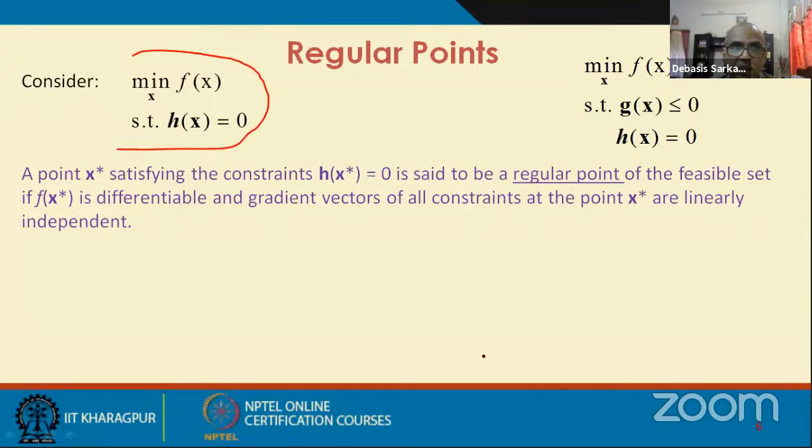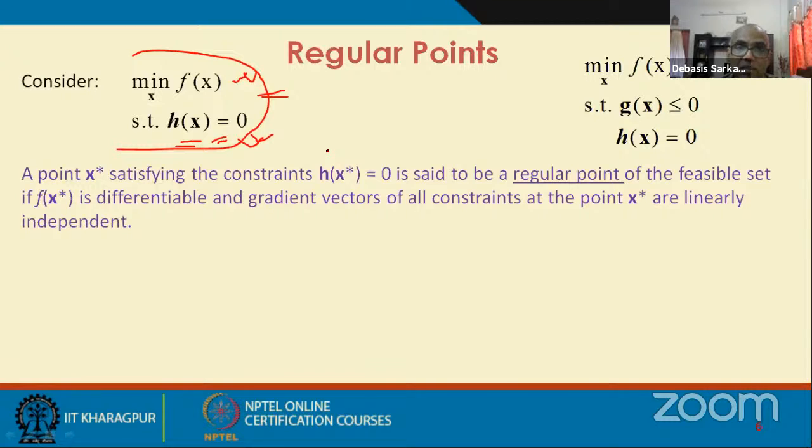A point x star that satisfies the equality constraint h(x) equal to 0 is said to be a regular point of the feasible set if this function is differentiable and the gradient vectors of all the constraints at x star are linearly independent.